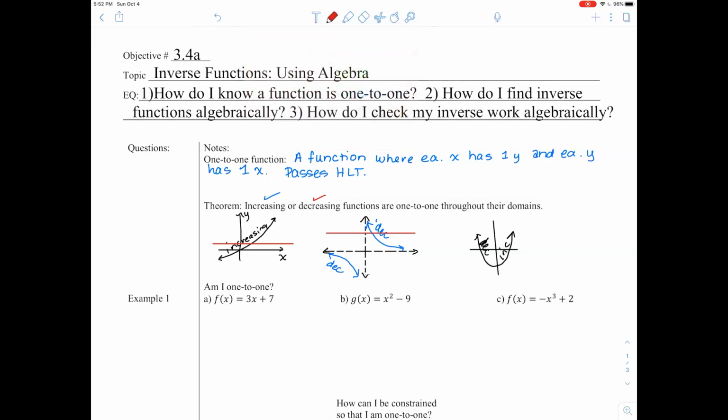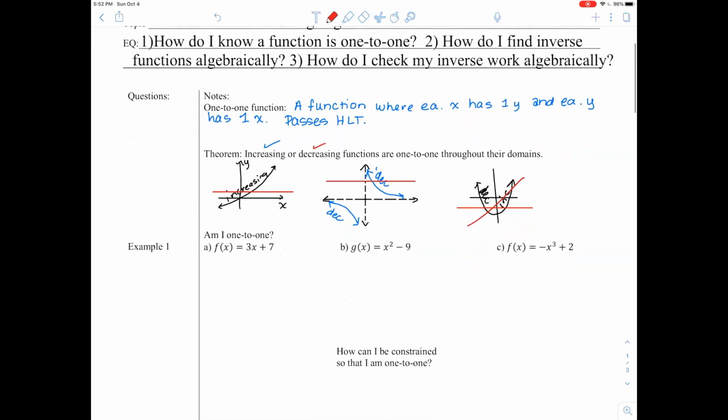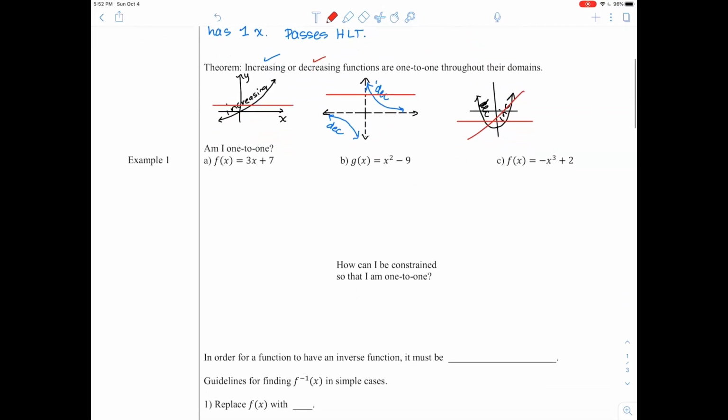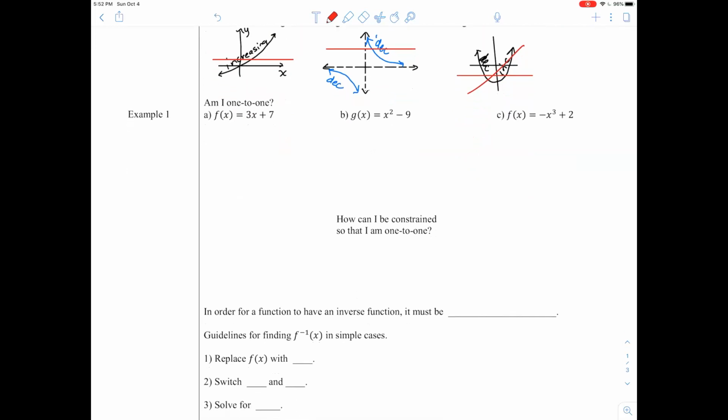You can see because it does change direction that it fails the horizontal line test, and therefore a parabola, a quadratic, or a fourth degree polynomial or sixth degree, those would not be one-to-one functions throughout their domains. Okay, so let's first just talk about how we know a function is one-to-one.